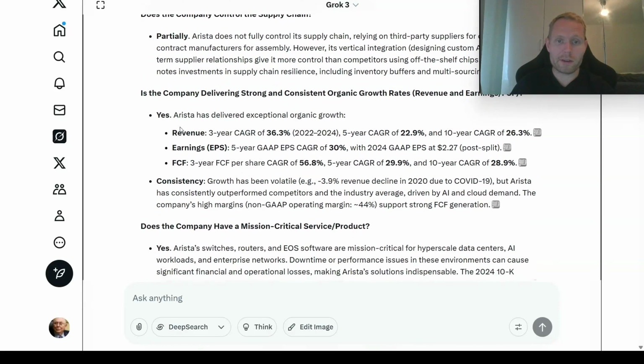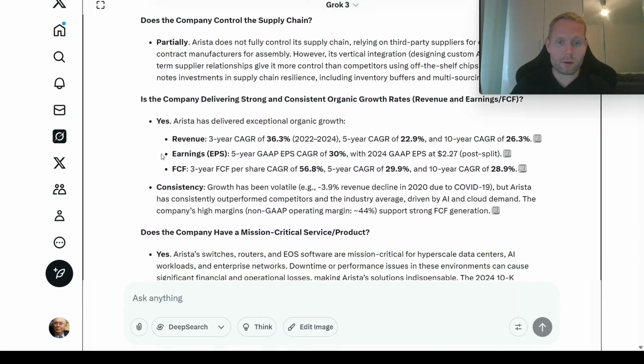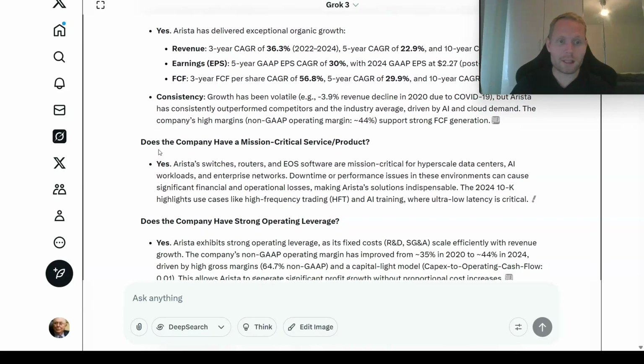The company is delivering strong and consistent organic growth. Yes, we've seen that. They have mission-critical service and products. Their switches, routers, and EOS software are mission critical for hyperscale data centers, AI workloads, and enterprise software.